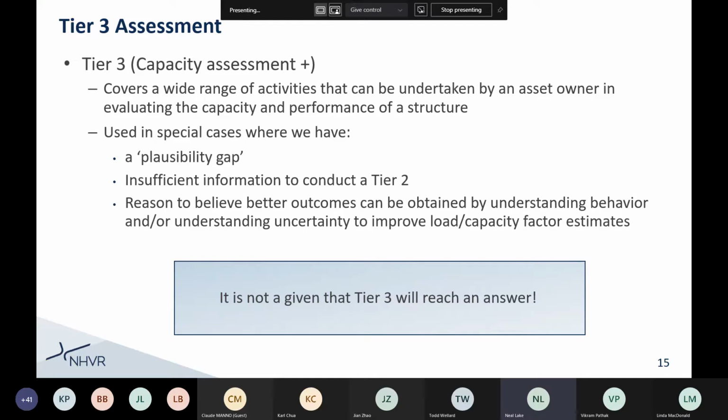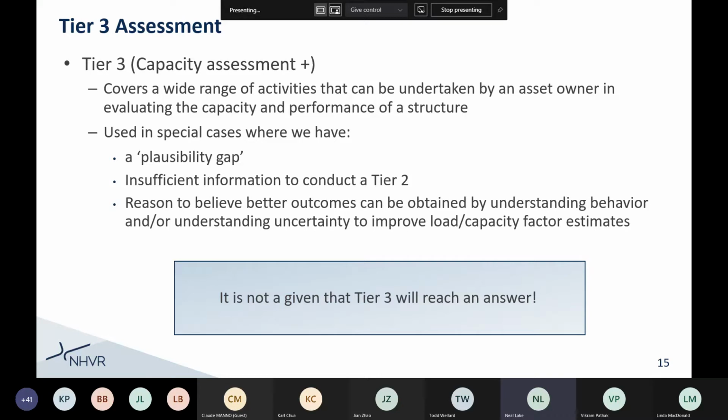In some circumstances, a tier 3 is a great idea because it could produce results that are potentially better. But it's also important to be consulting people with a lot of experience in tier 3s, because there is actually a good chance that tier 3s might not give you the answer that you want. It's also important to understand that a tier 3 might not be able to achieve the goal that you want.